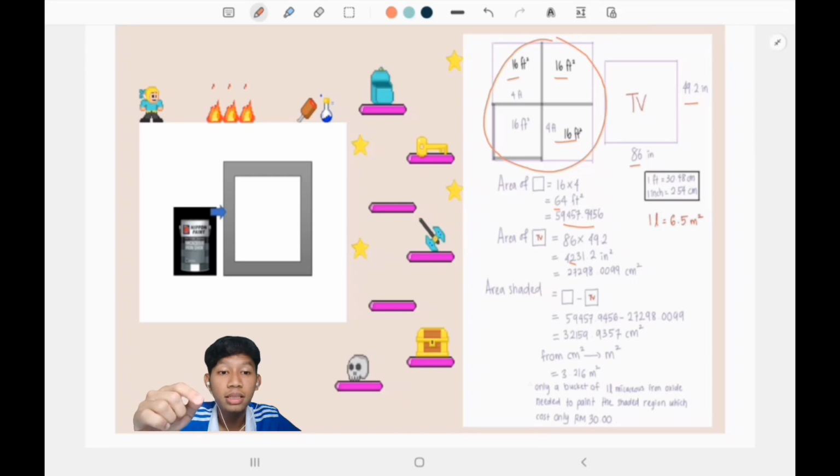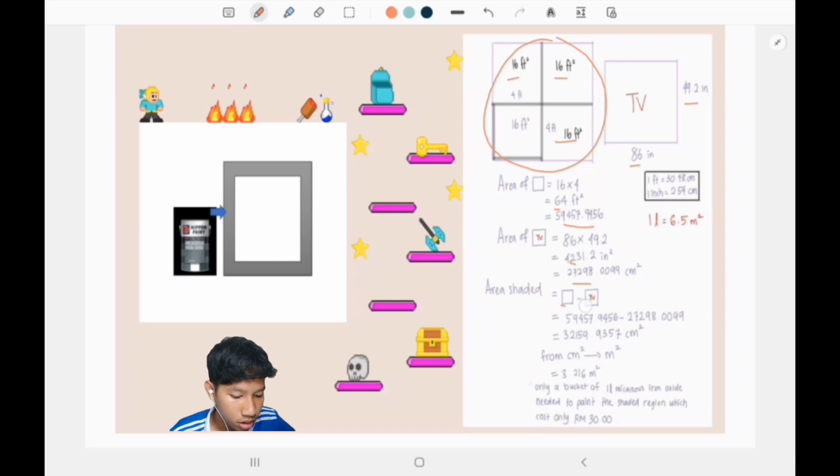So 1 inch square is equal to 6.4516 cm square, and we change and we got the new value in cm, 27298.009 cm square.